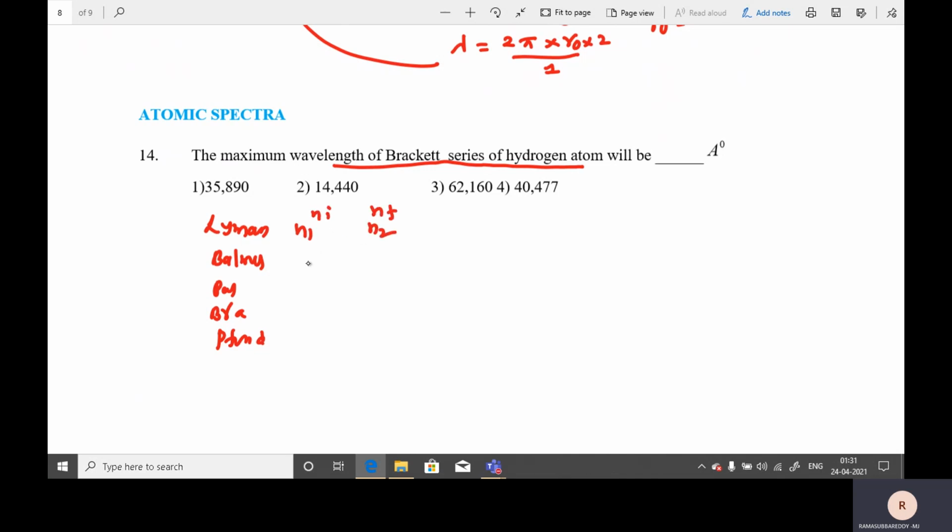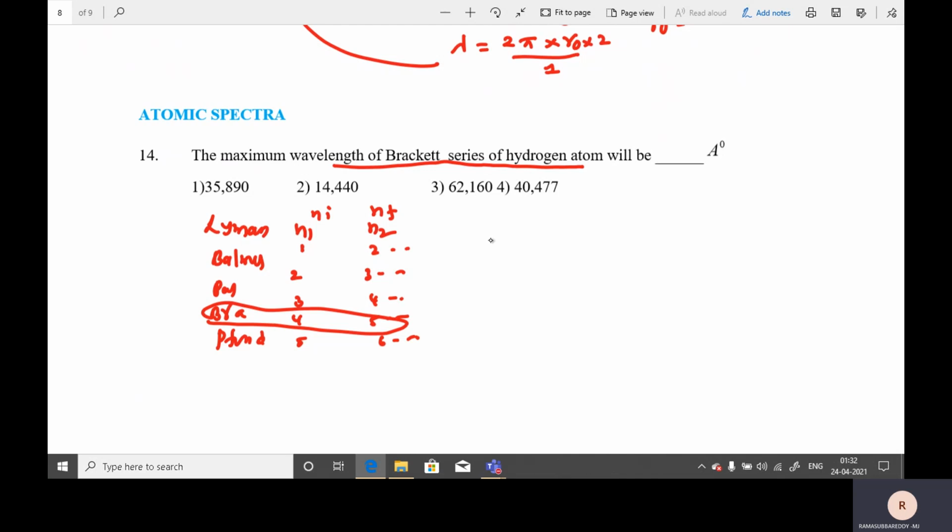Here it is 1, 2 and so on; 2, 3 and so on; 3, 4 and so on; 4, 5 and so on; 5, 6 and so on. If you take Brackett, 4 and 5.